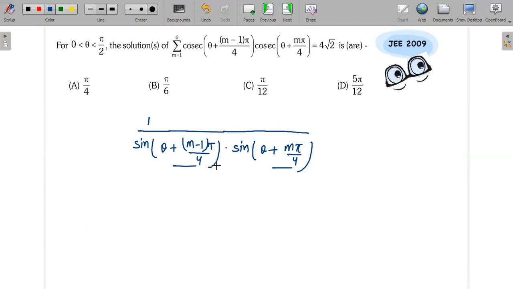So suppose this is its mth term, so I'm taking the difference of arguments. As I told you earlier, the difference of argument is theta plus m pi by 4. Let me write it down. The first one, and the second one we have theta plus m minus 1 times pi by 4, correct? And now in the denominator I have to write their difference, and if I calculate their difference, I'll end up getting pi by 4, correct?